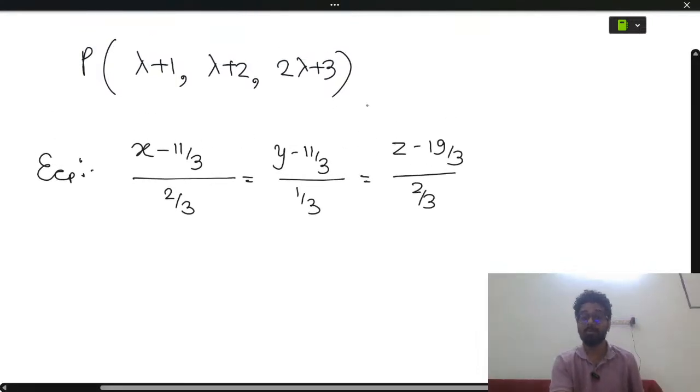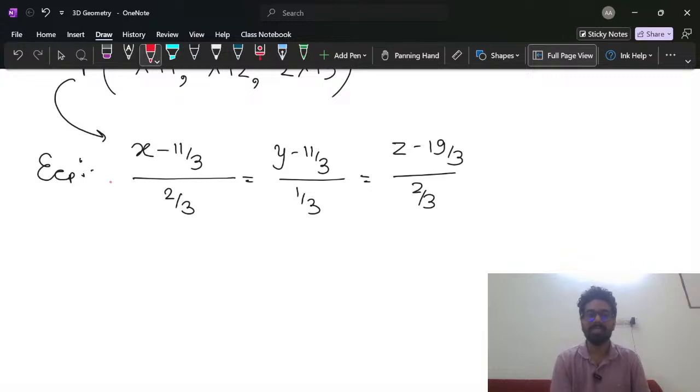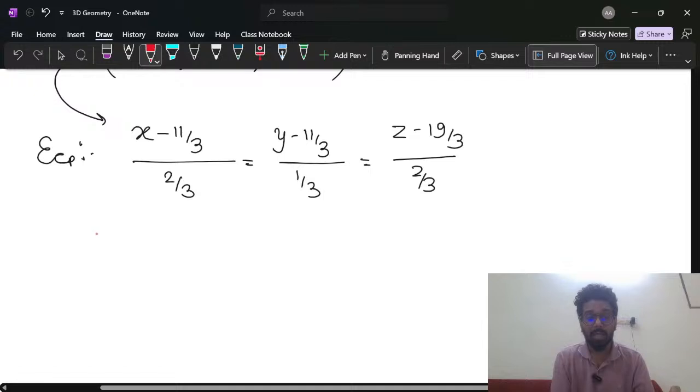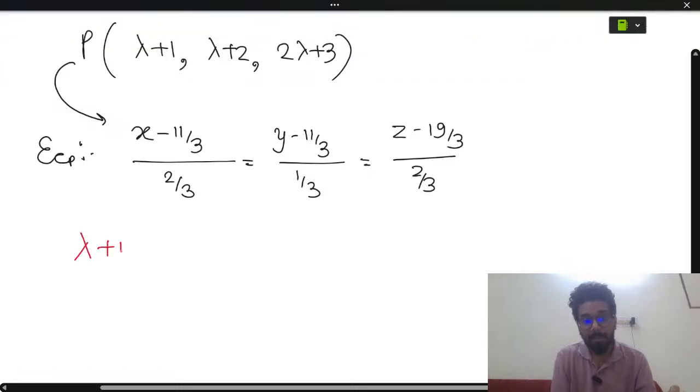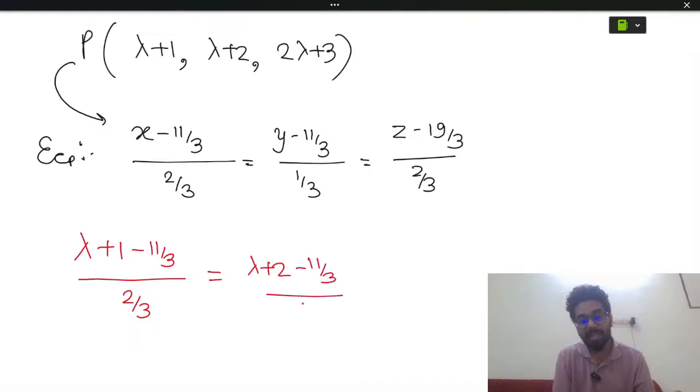And now point P lies on it, so you can substitute lambda plus 1, lambda plus 2, 2 lambda plus 3 in this equation and get the value of lambda. So I will write down (lambda plus 1 minus 11 by 3) upon 2 by 3 is equal to (lambda plus 2 minus 11 by 3) upon 1 by 3.